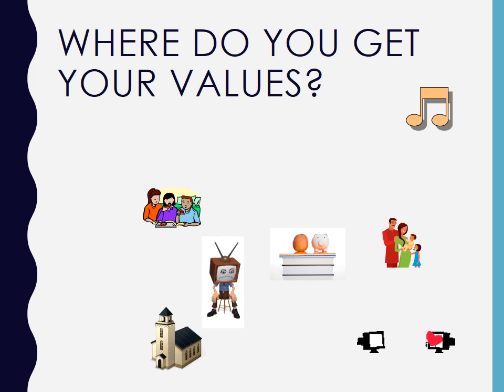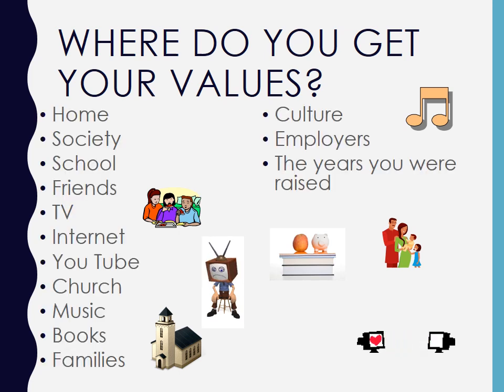So where do you get your values? You get your values from a number of places. Your home, who you grew up with, your family. Society, depending on what country you live in or what culture you're in, your values might be different. The school you go to, public or private or religious.